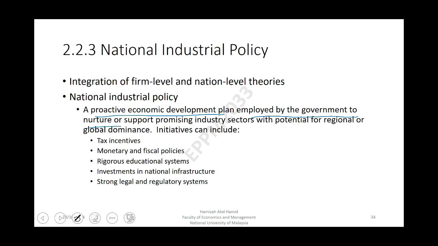Why? They want to nurture and support promising industry sectors that have potential, sectors that are high value. How? Through tax incentive, monetary and fiscal policy, rigorous education system and so on.